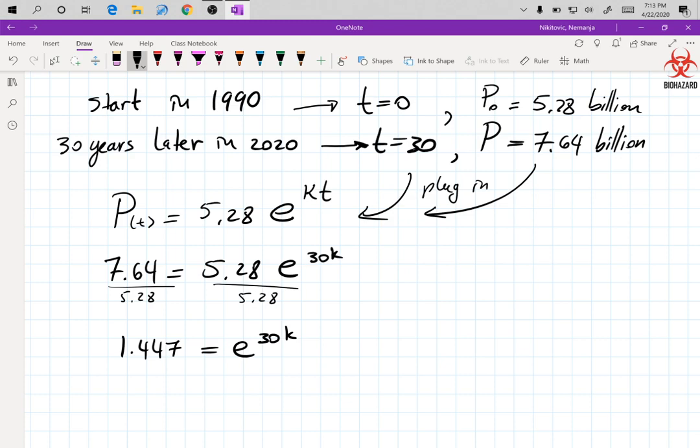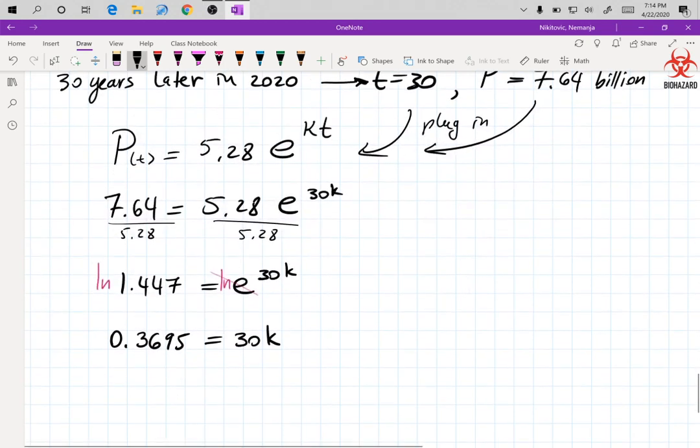Now we know that e is undone by ln, so I'm going to apply ln to both sides. That will kill off that e. So I have ln of the answer, which is the 1.447. It's going to give me 0.3695, again 4 decimals, is equal to 30k, because ln killed off e.